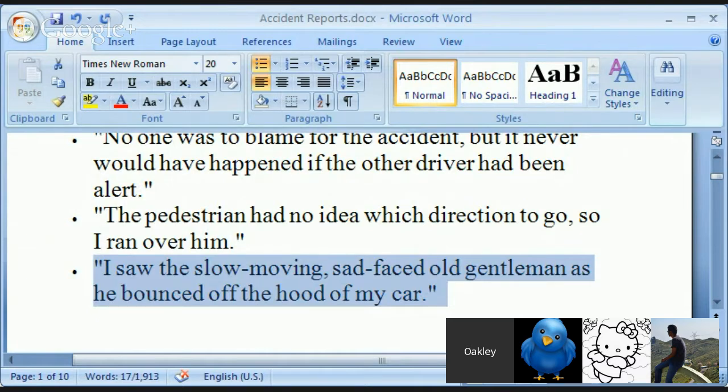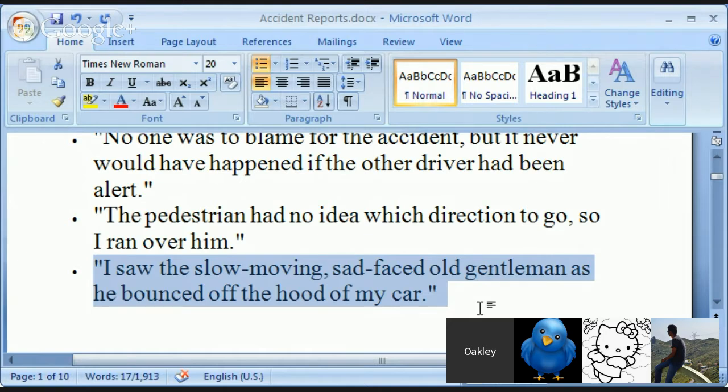And here's one I particularly like. Abimelech, could you read this one? Okay. I saw the slow-moving, sad-faced old gentleman as he bounced off the hood of my car. Got a poet writing this one.